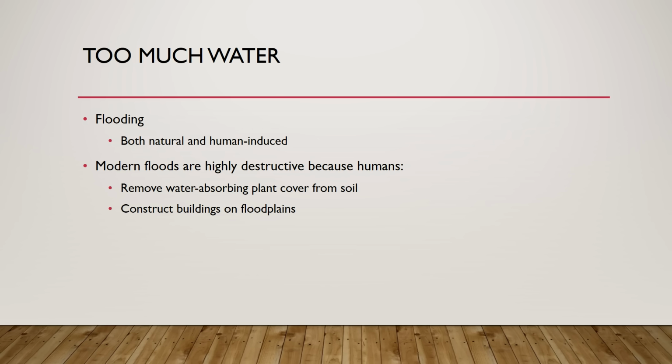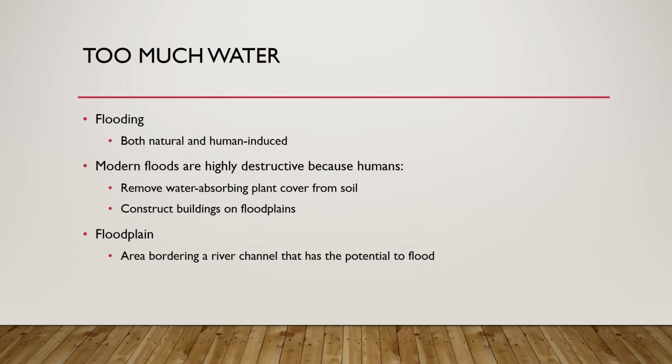Then we construct buildings and roads and stuff like that, and that affects how much water the ground is able to absorb and how much becomes runoff. We'll talk about that a little bit too. And certain ecosystems like wetlands are really good at mitigating floods. They absorb those floodwaters, slow them down, and prevent them from reaching other areas. We were in a bad habit in the mid-20th century of removing wetlands. We thought of them as wastelands for a long time.